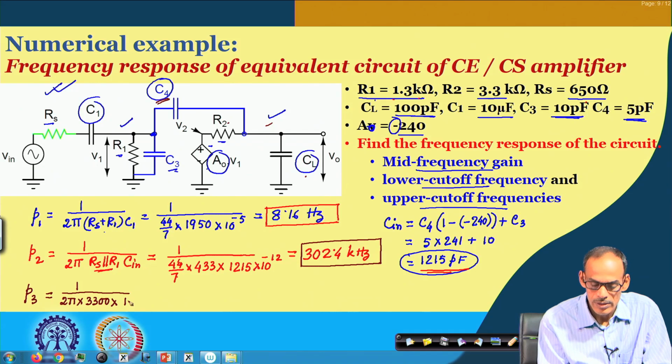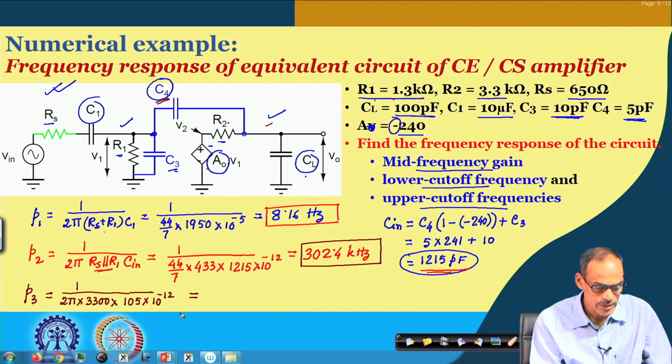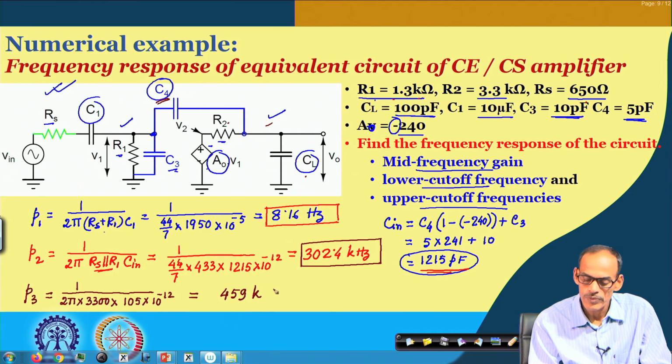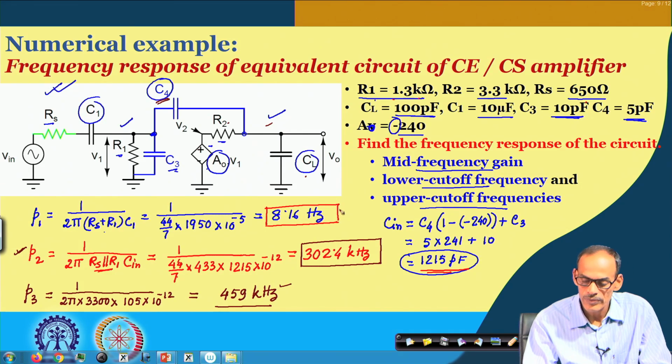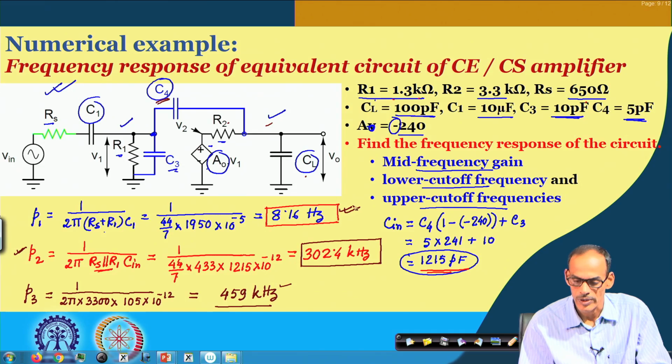So, we can say roughly 105 picofarad, 10 to the power minus 12. So, if you do this calculation, what you will be getting is 459 in my calculation, 459 kilohertz. And as I said, since this is higher, the upper cutoff frequency will be decided by P 2, and the lower cutoff frequency will be coming from this one.